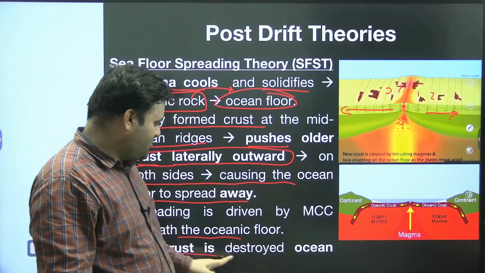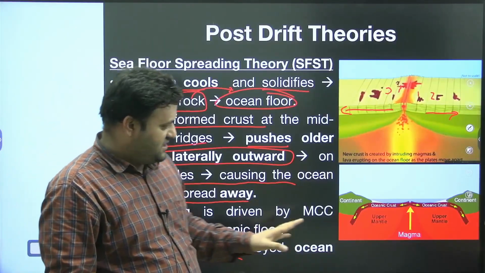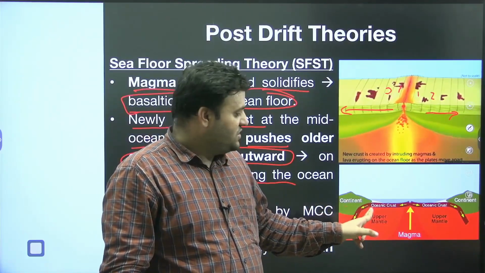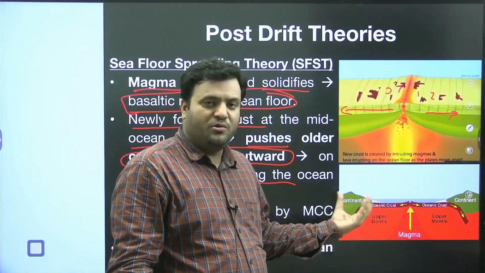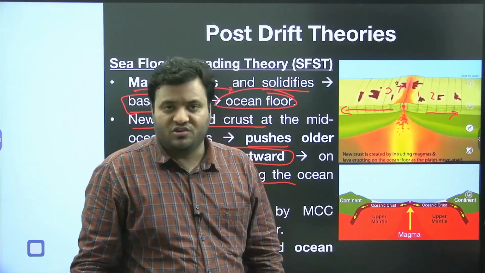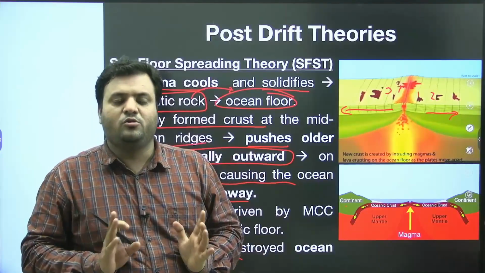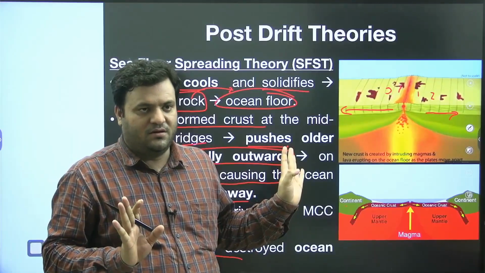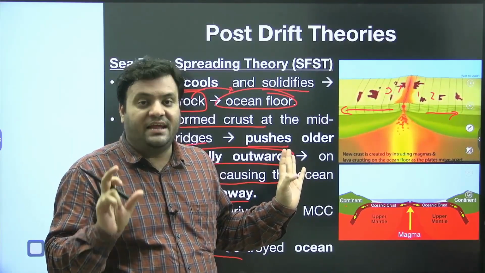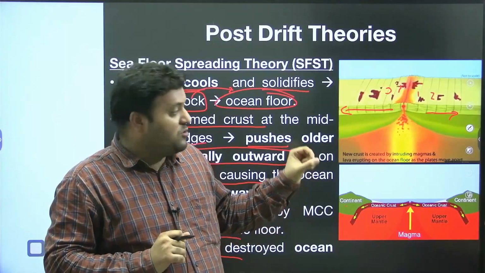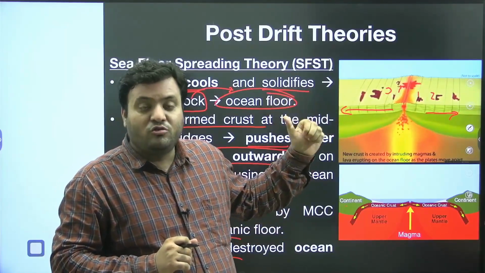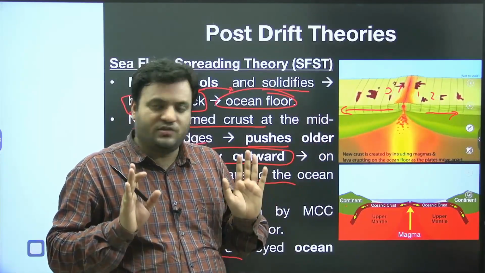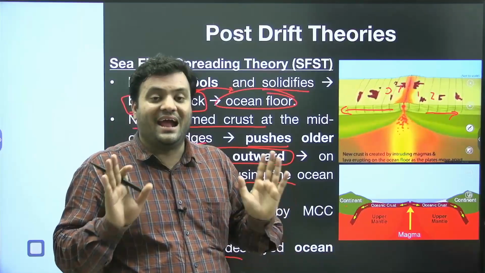Old crust is destroyed at ocean trenches, where we have continental crust and oceanic crust interacting. Here I just want to tell you two things. First, I have not mentioned plates; I have just told you about the currents and about the crust, oceanic or continental.